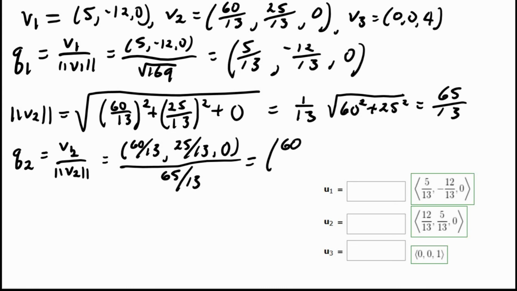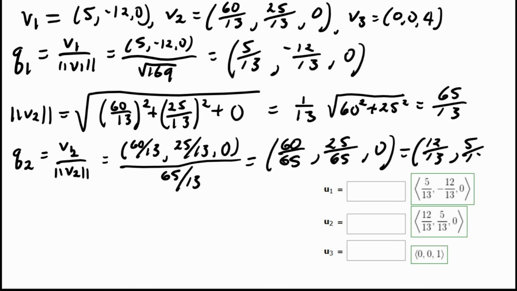We have left 60 over 65, 25 over 65, and 0. Then we simplify: 60 over 65 has a common factor of 5, so this is 12 over 13, 5 over 13, and 0.